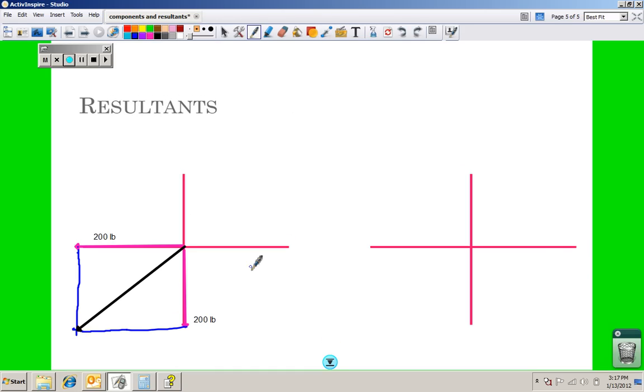Alright, so let's calculate the magnitude of the resultant. It's going to be R squared, remember, is equal to 200 pounds squared plus another 200 squared.